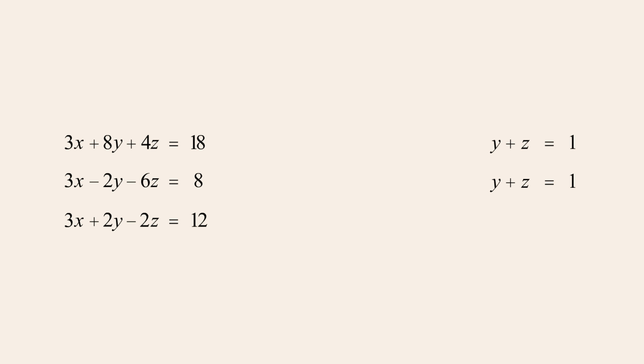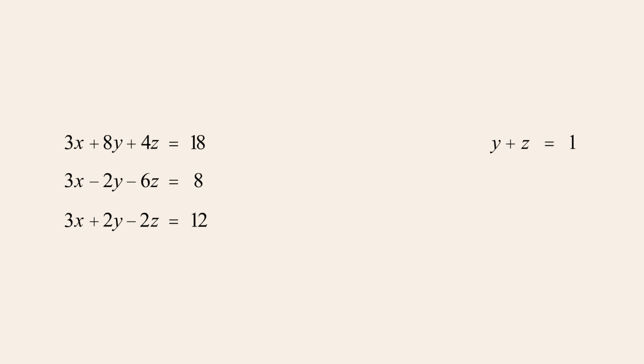This gives us a system of two equations in two variables which we can try to solve to determine the values of y and z. But since both equations are identical, when we multiply one equation by -1 and add the equations, we get 0 equals 0, indicating that the given system has infinitely many solutions.